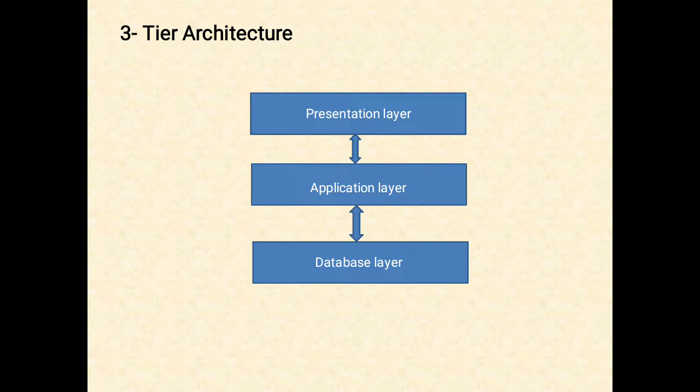Did you ever guess after pressing the submit button where the data goes? No, right? You just know that your details are saved. This is the presentation layer where all the details from the user are taken and sent to the next layer for processing. The next layer is the application layer.